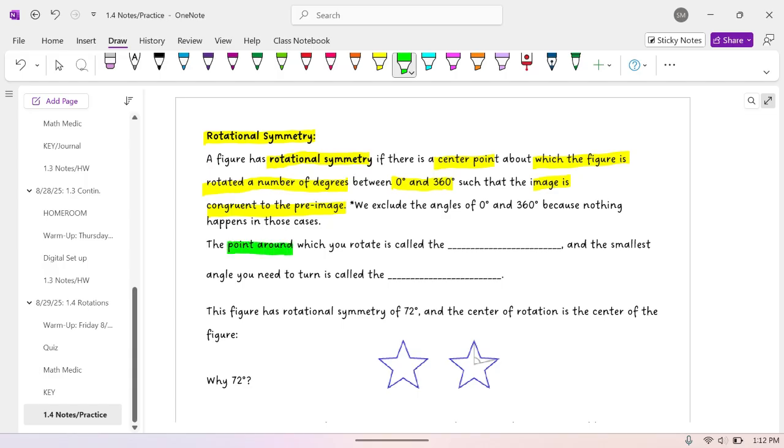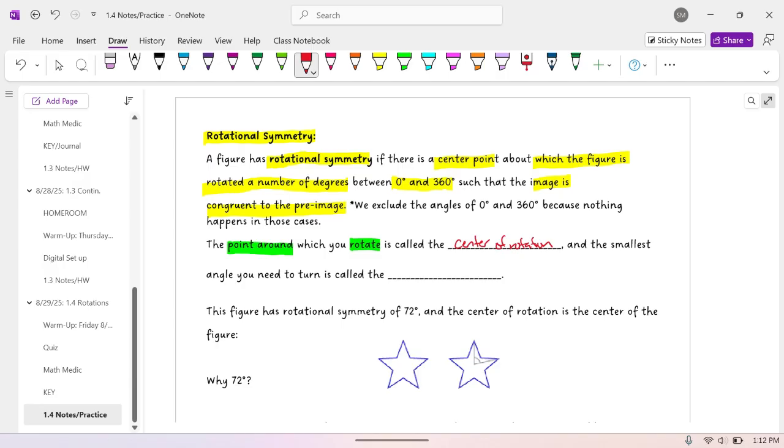Now, the point around which you rotate, this is what we call the center of rotation. If we're on a coordinate grid, typically that center of rotation for us is the origin. It could be other places, but in this class, typically it will be at the origin.